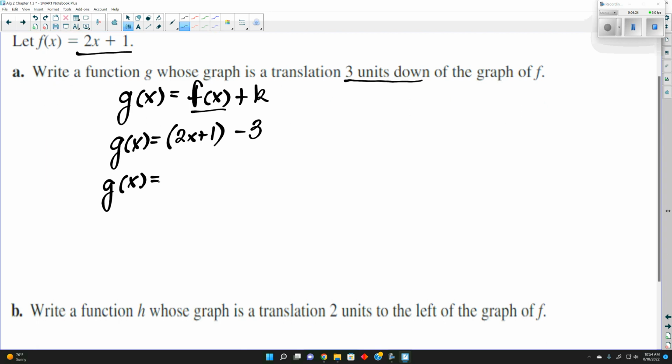Any questions on this so far? Is there anything in front of those parentheses? No, so we can drop them. We don't need them. We put them in there just in case we needed to apply something to it, if there was a number out there or a sign we had to input.